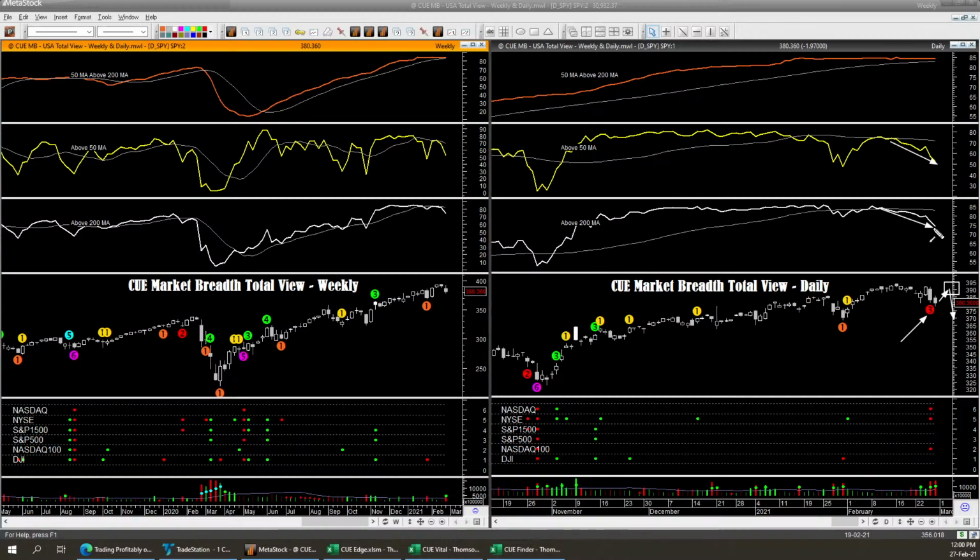The market breadth total view percentage MA calculations for stocks above 50 MA, stocks above 200 MA, both are tilting down as you would expect. And in this picture you can see I have changed the colors. Whenever the distribution count is 2 or more, it is red color, like here, here, here. If it is 5 or 6, then it is magenta.